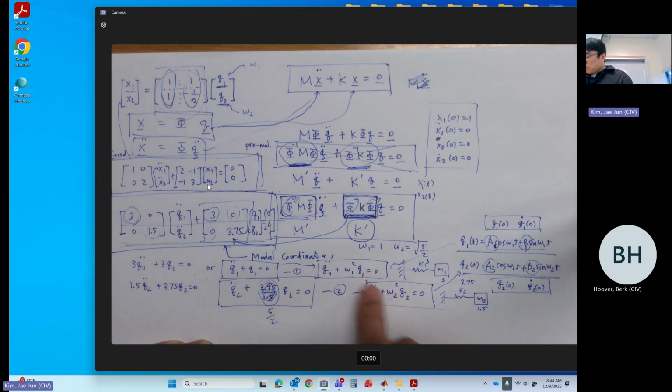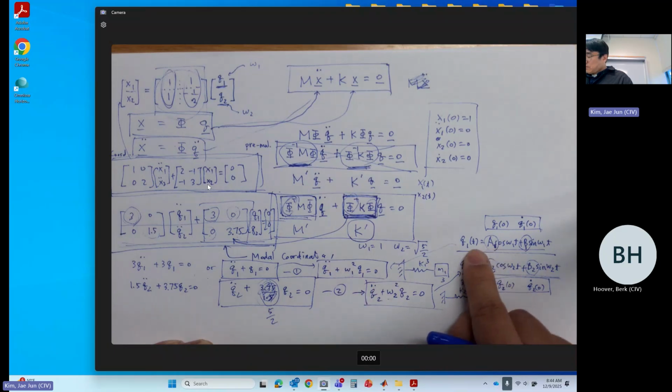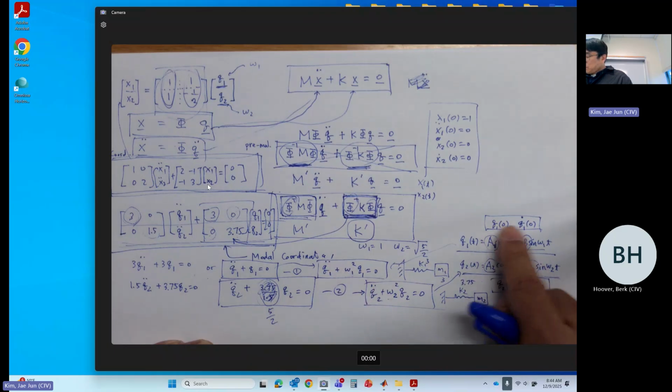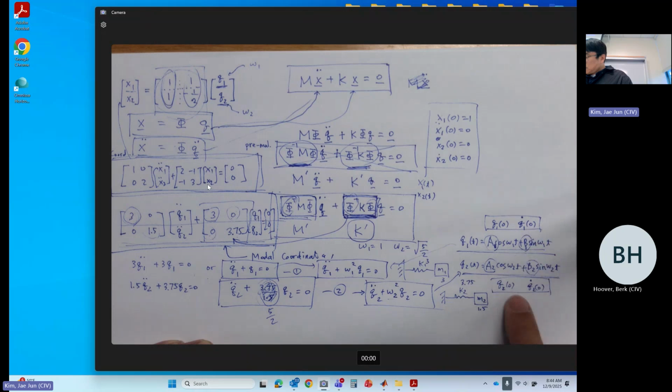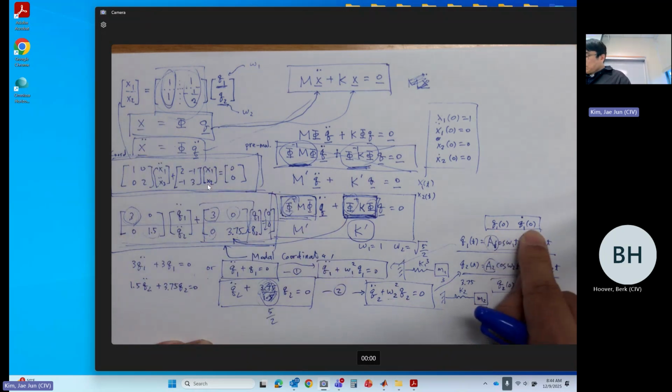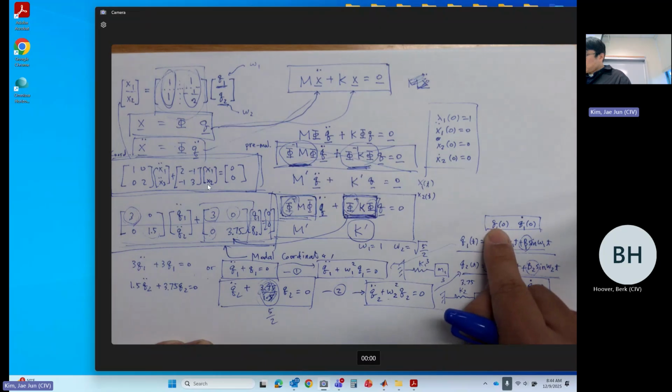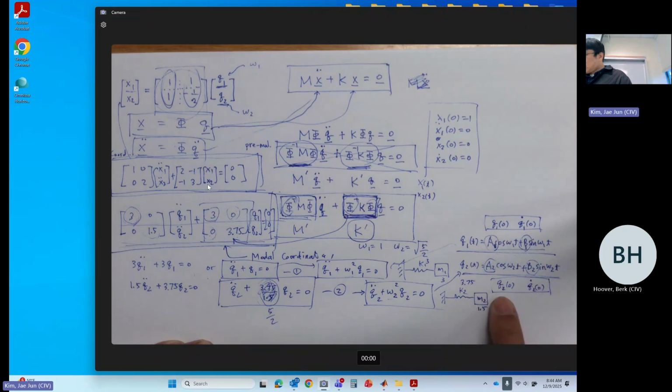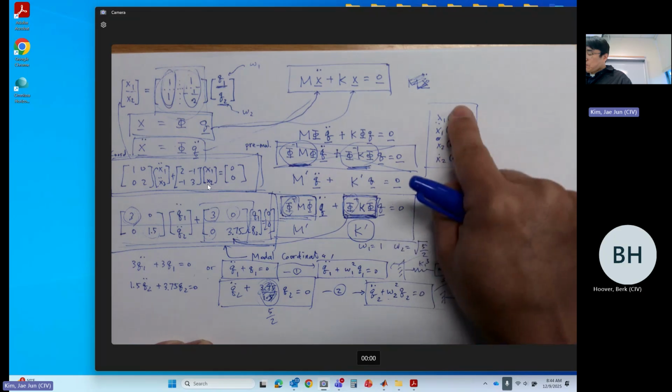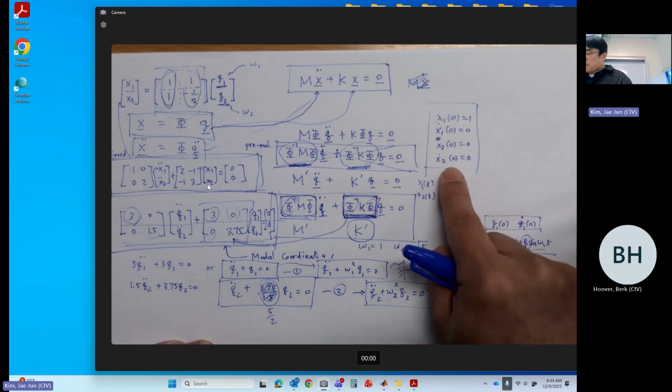It's equivalently a single degree of freedom spring mass system, so you know the solution form. And if you know the initial conditions, then you can go back. The only thing is, how can we determine these initial conditions, q1(0), q1 dot(0), q2(0), and q2 dot(0)? That comes from the original initial conditions.